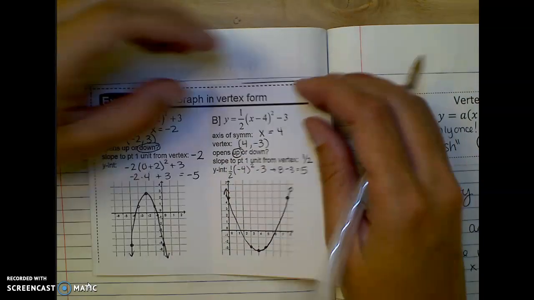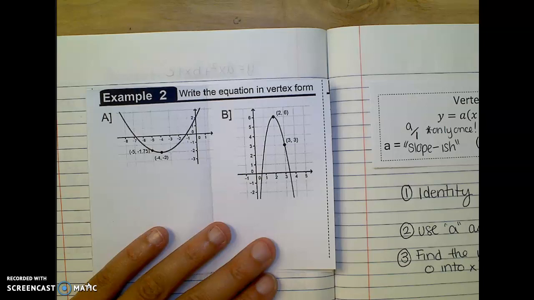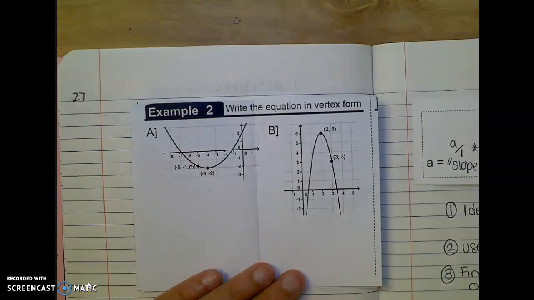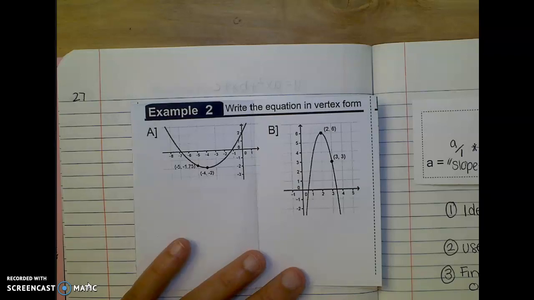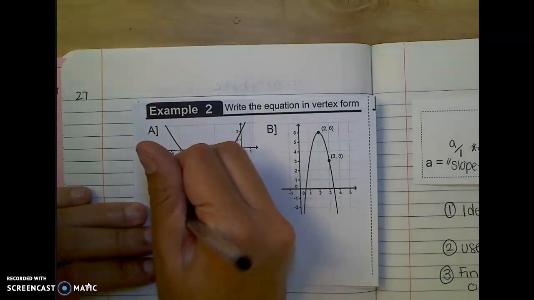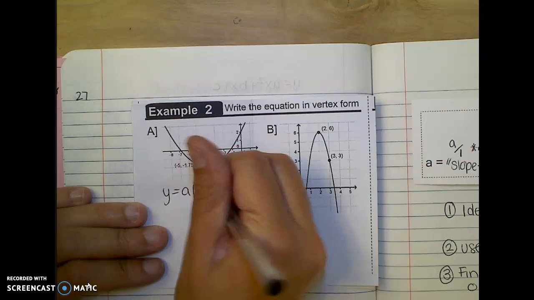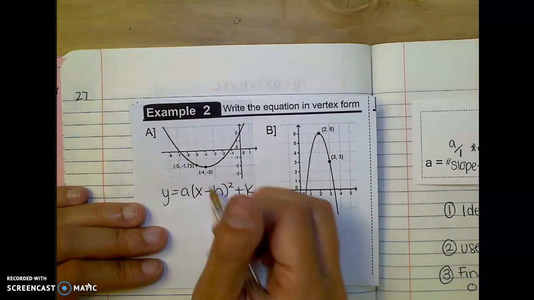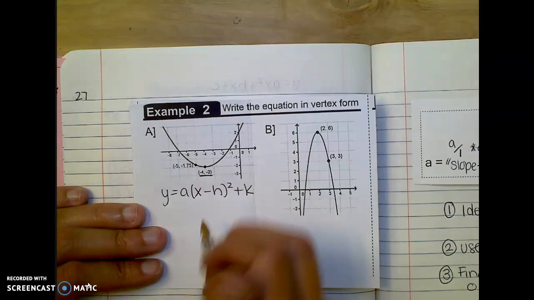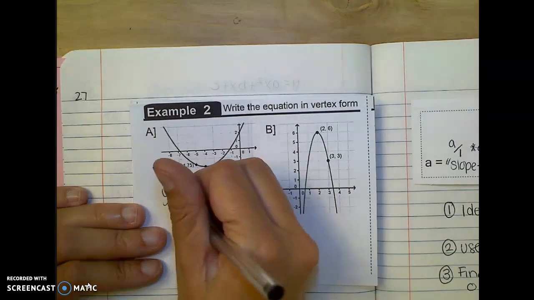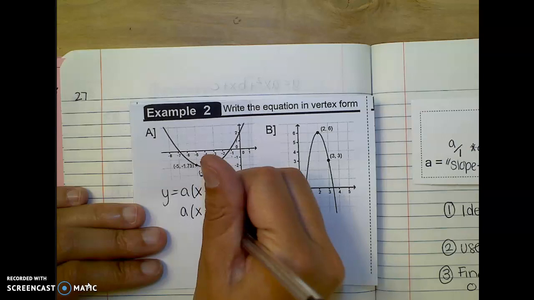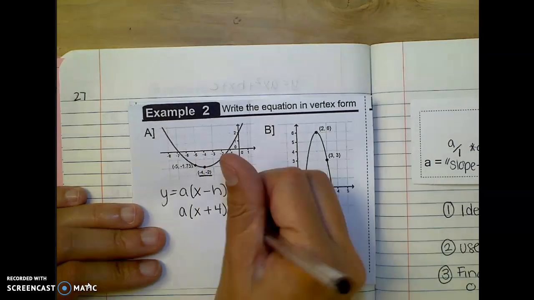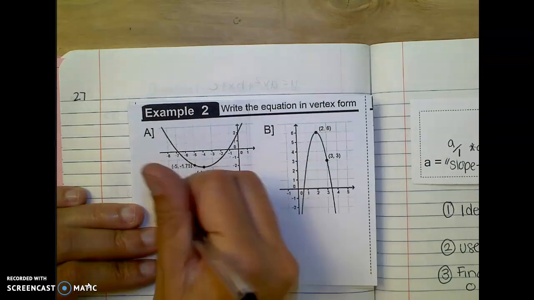Okay. The next type of problem we might do is the reverse of that. So I might have my equation already, or I might have my graph already and I want to write my equation. So I can do it in vertex form by starting here and filling in my vertex, which is that low point or high point. And so we'd have a parenthesis x minus negative 4, so really plus 4, and then minus 2.